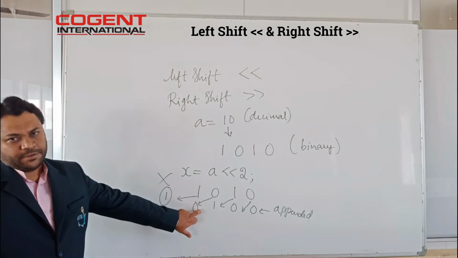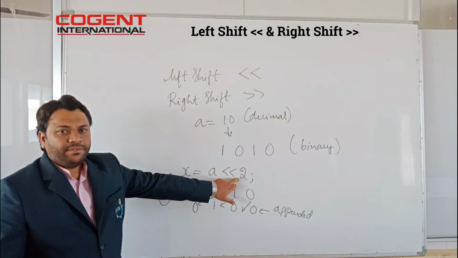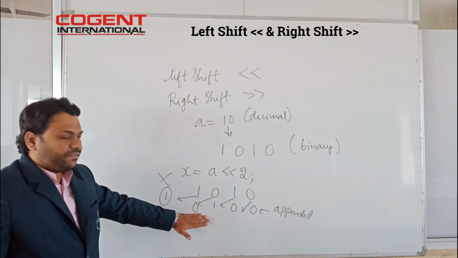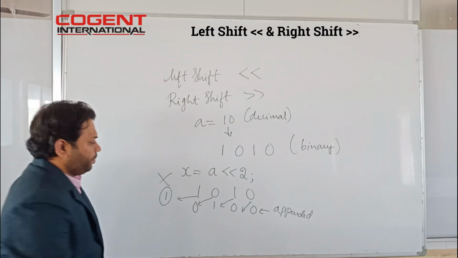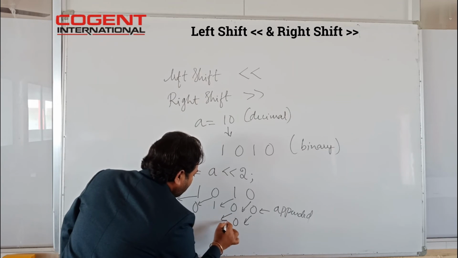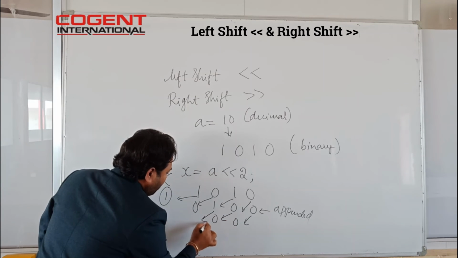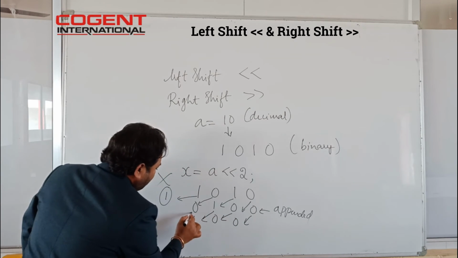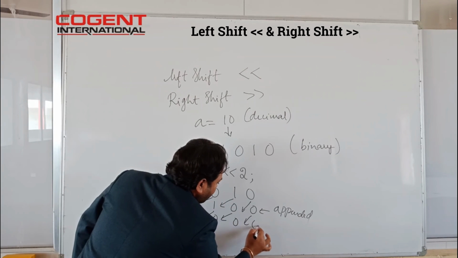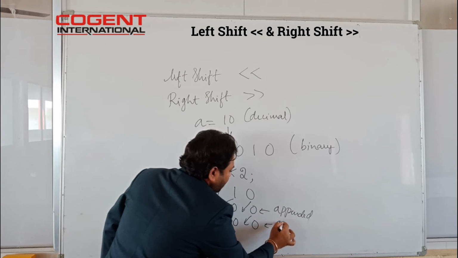This is the first shift. I am performing 2 shifts, so again I need to perform the left shift on this number. This 0 will occupy this position, this 1 will occupy this position, and the leftmost bit will be discarded, and a 0 is appended on the right hand side.